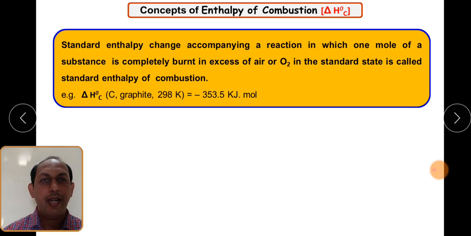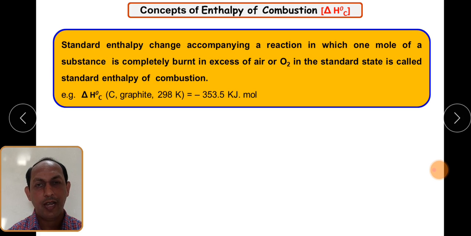The standard enthalpy change accompanying a reaction in which one mole of a substance is completely burned in excess air or oxygen is also called the standard enthalpy of combustion. If we burn any substance in excess air in the presence of oxygen, whatever heat is given out from that particular reaction is called the standard enthalpy of combustion.